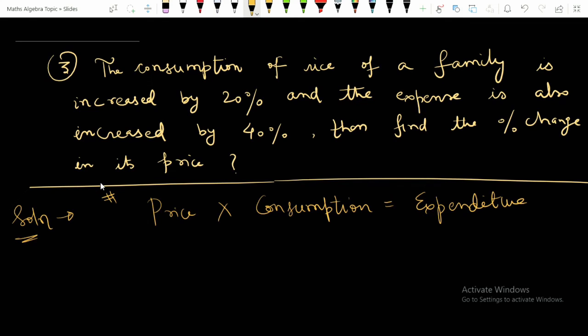This is the basic relationship between expenditure, consumption, and price. So let's say P is price. It is given consumption of rice is increased by 20%. This is consumption. And expense is also increased by 40%. This is expense.